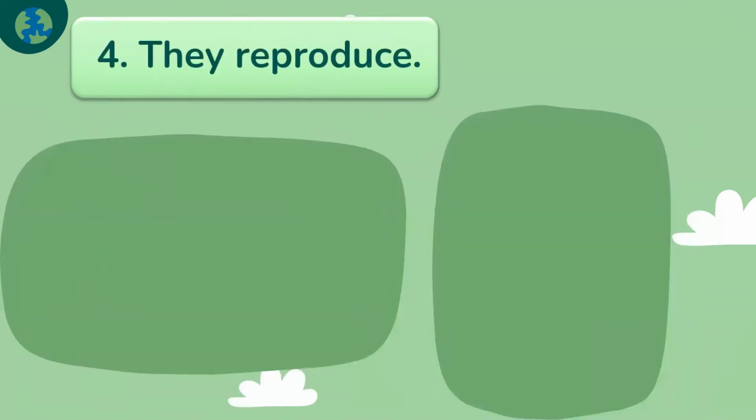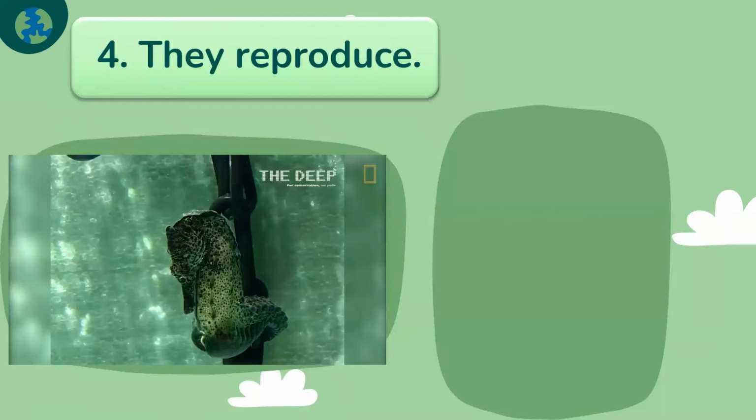For number 4, they reproduce. Like this seahorse. Let's watch how the seahorse gives birth to its babies.